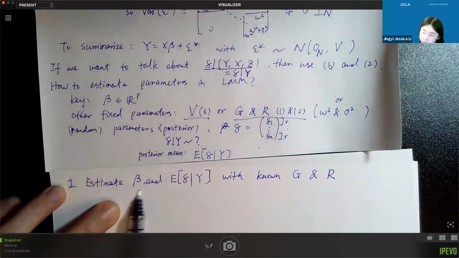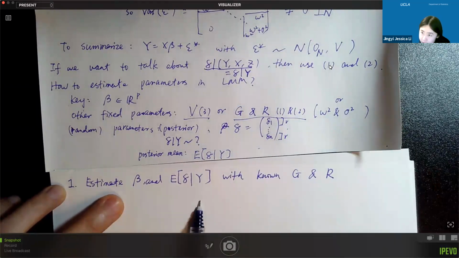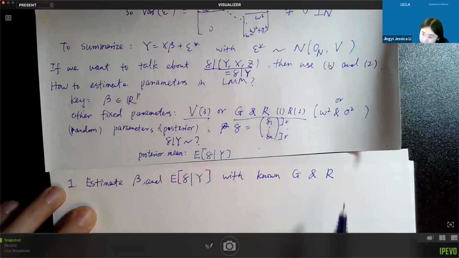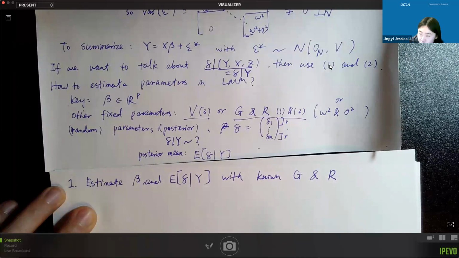One is the fixed effects, the other is the posterior mean of the random effects. Once we sort out this problem, then the next is how can we estimate G and R, and then we're going to do plugin. So we just decompose the estimation into a two-step thing.